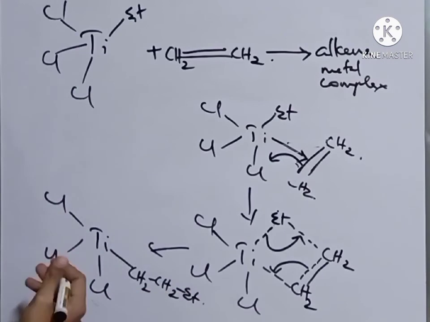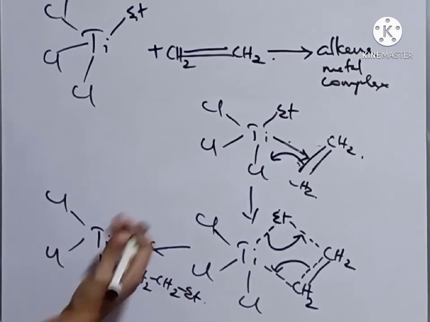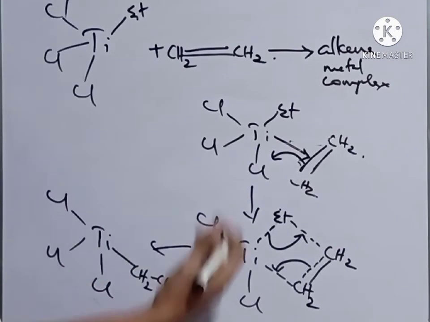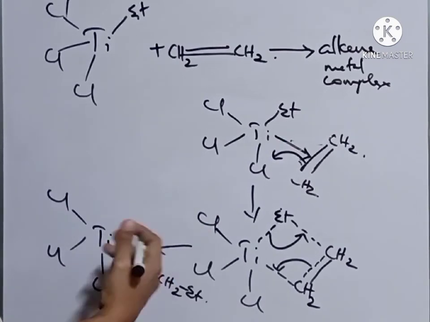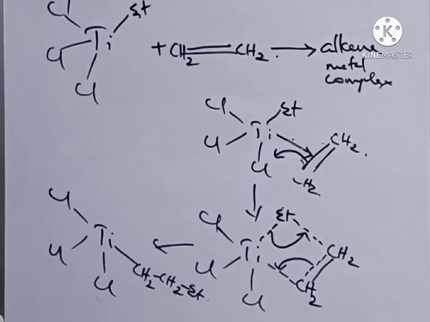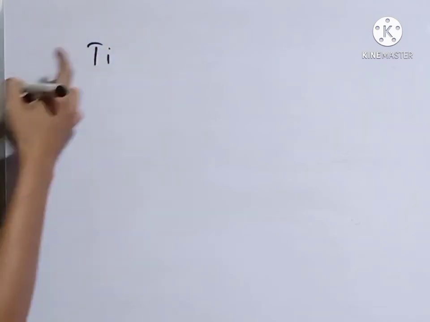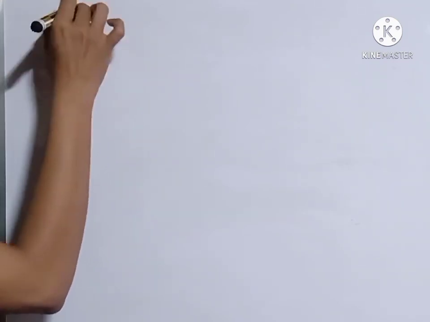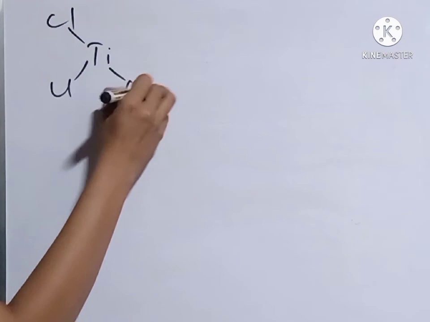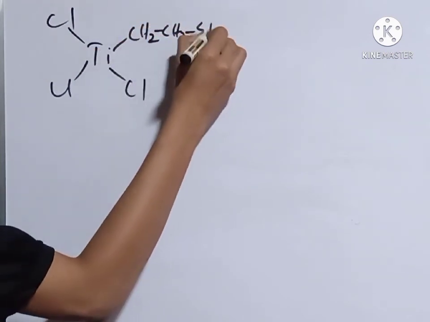Then the next olefin molecule is added into this polymerization reaction, and this process starts over and over, giving a linear polymer. So we can write the propagation step as the final product we'll get in the initiation step, which is this: titanium Cl3, CH2, CH2, Et.